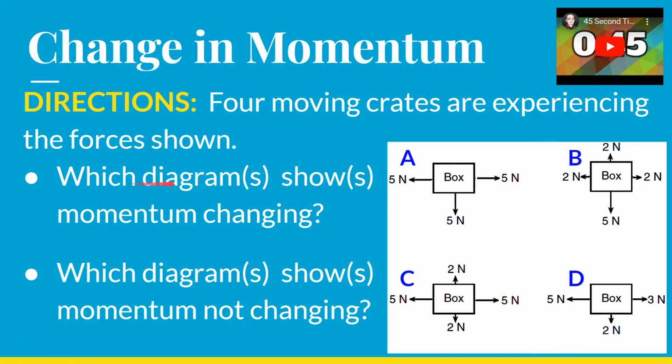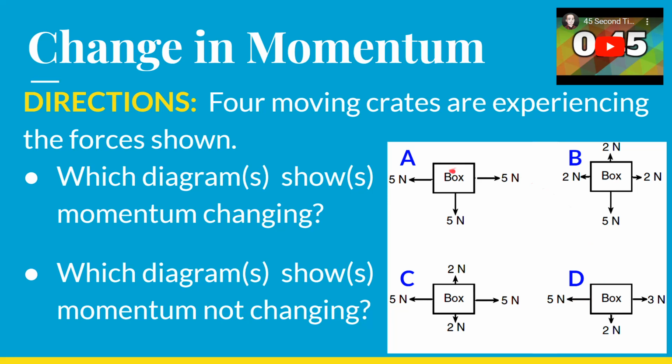So where is our momentum changing? Well, let's see. Diagram A, definitely unbalanced, so this would have changing momentum. What about B? Is that balanced? No, so yes, this will have a changing momentum. So A and B both. What about C? Nope, that one's balanced. That will not have a change in momentum, but D will.